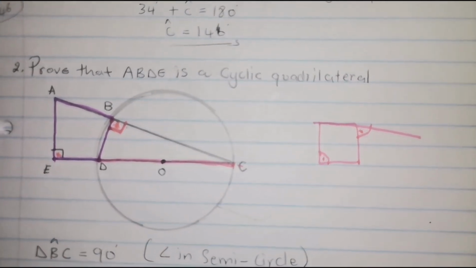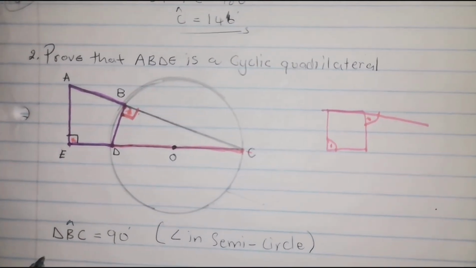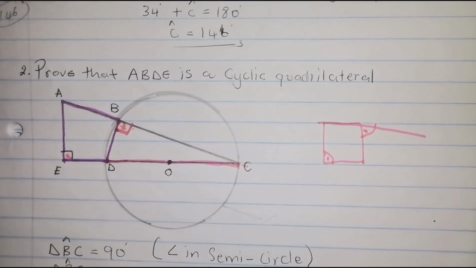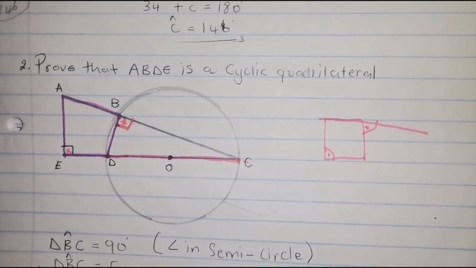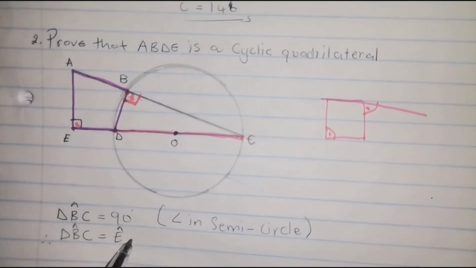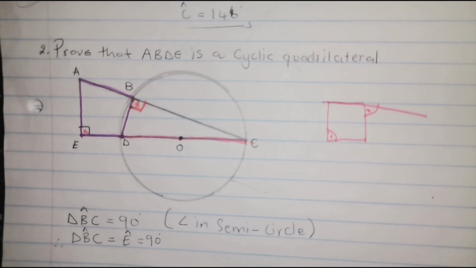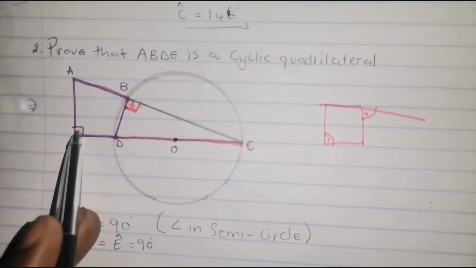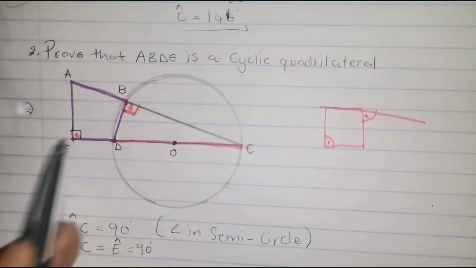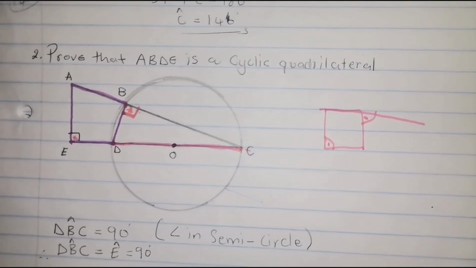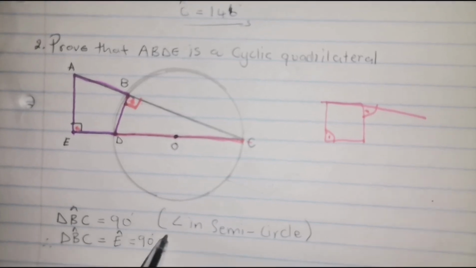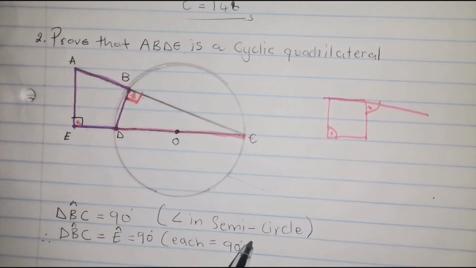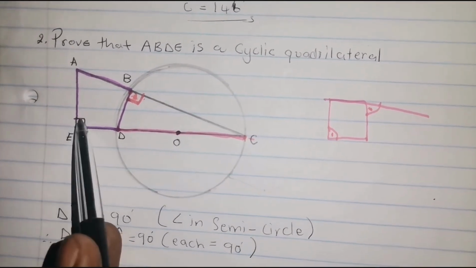Therefore, DBC is going to be equal to angle E, equal to 90 degrees. So each of these angles, this angle and this angle, is equal to 90 degrees.